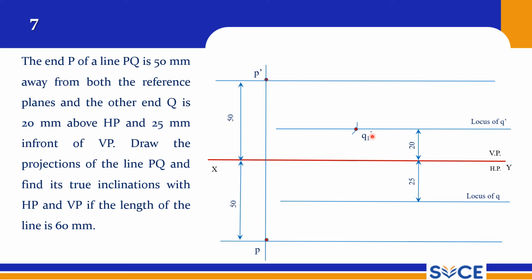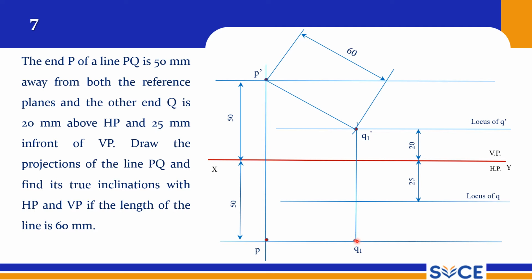So this is Q1 dash, and draw a thin line, and this is the dimension 60. So you connect this with a thin line and drop down till locus of P. So this is the locus of P line, and this will be your corresponding Q1. So this is the top view of the line, and PQ1.